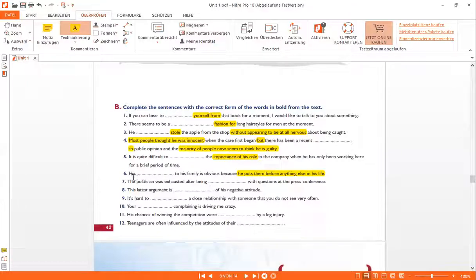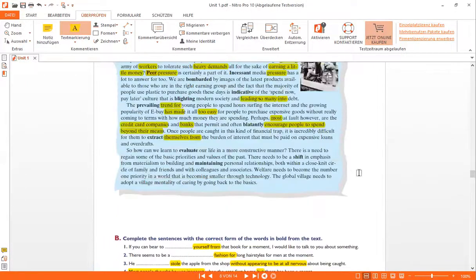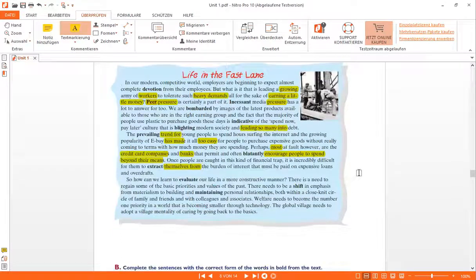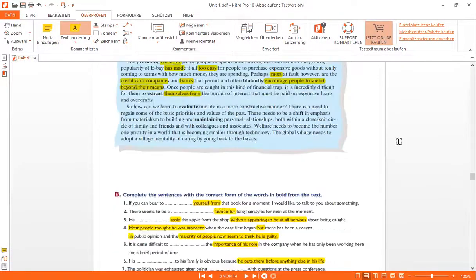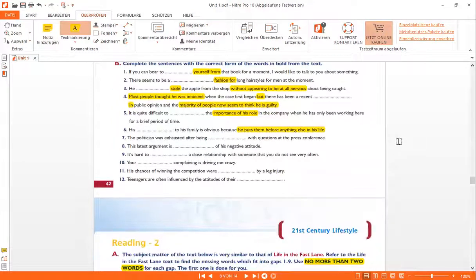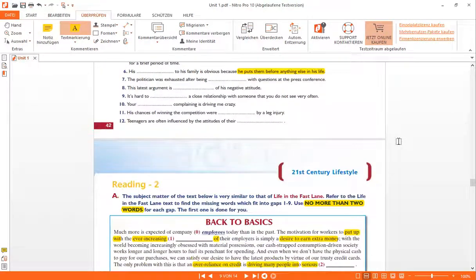Number 6, his gap to his family is obvious because he puts them before anything else in his life. Something that you put before anything else in your life is a devotion. Okay, you're devoted to it, you're committed to it. That makes devotion the correct answer. Go ahead, do 6 to 12. Compare your answers with those in the last page.